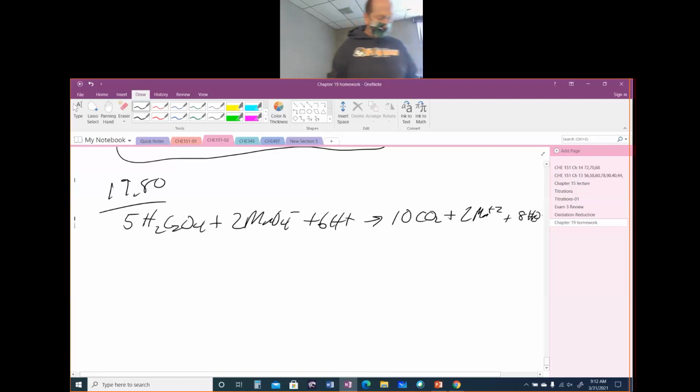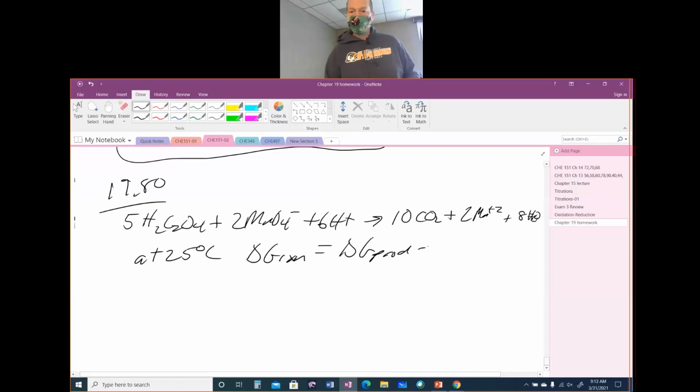All right, so now it says that you can find the MnO4- on table 19.1, but you cannot find the oxalic acid. It is not on table 19.1. And so the question then says you're going to find the delta G for this reaction. We're at 25 degrees Celsius, and so your delta G for this reaction is equal to your delta G products minus delta G reactants.